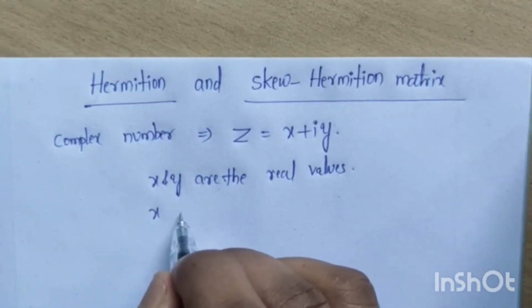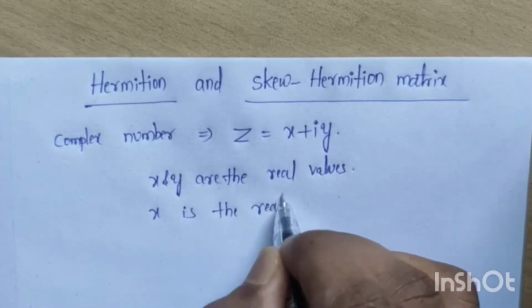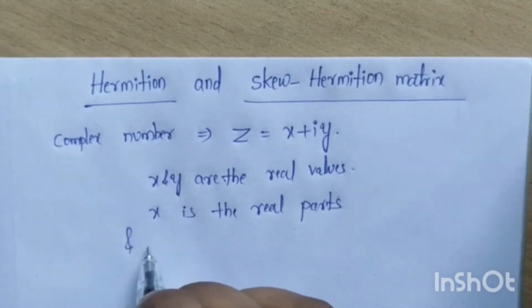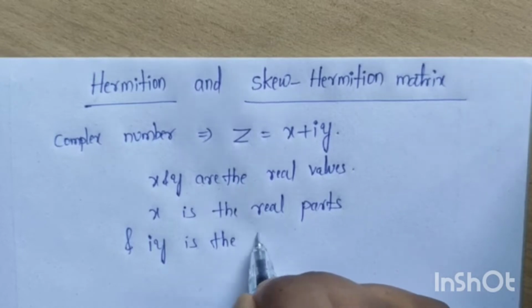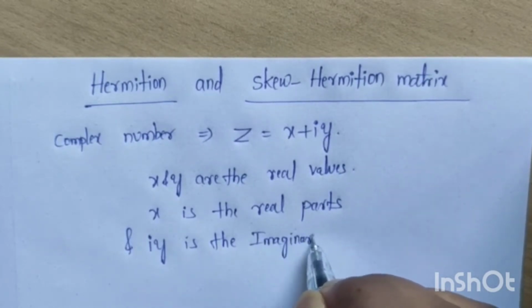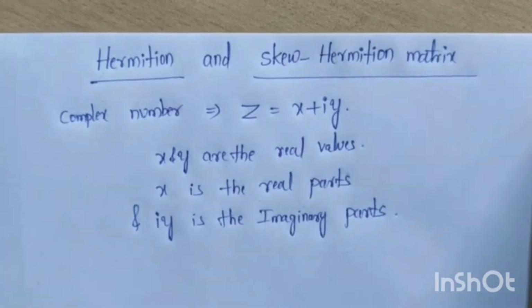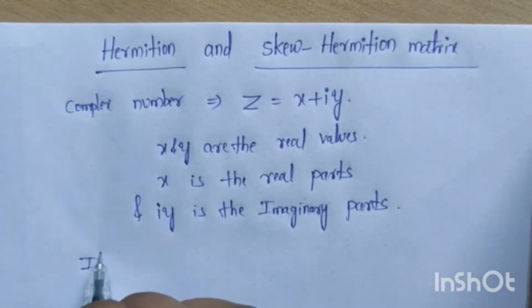x is the real part and iy is the imaginary part.